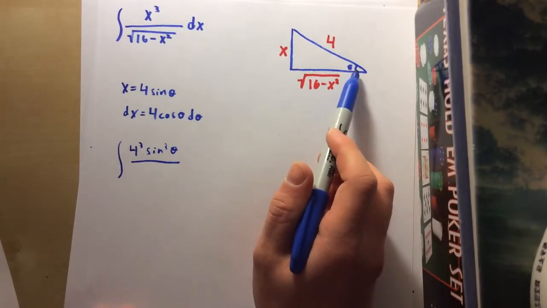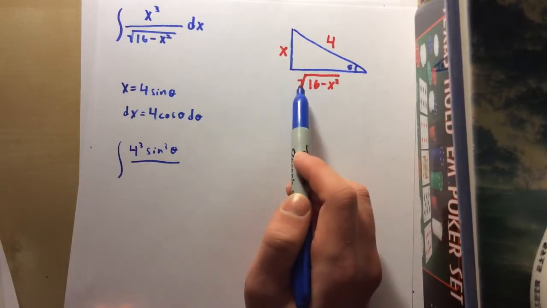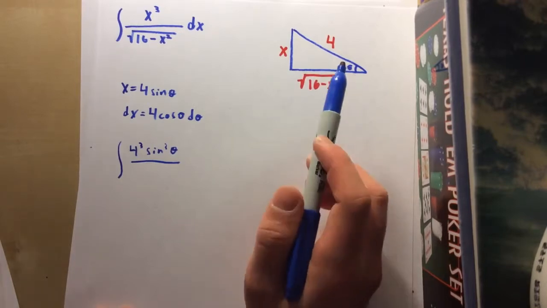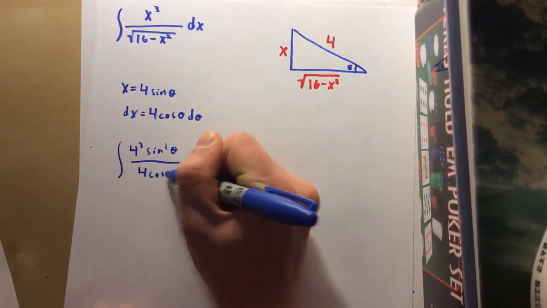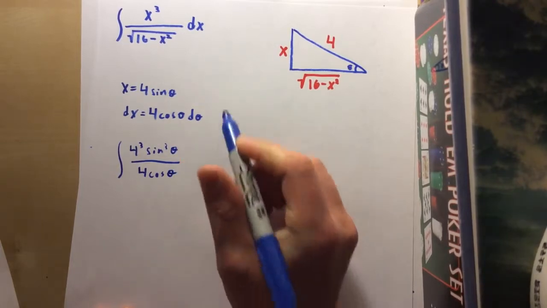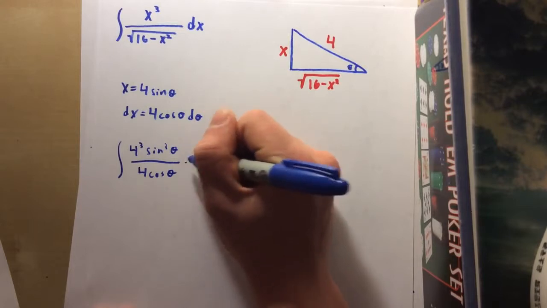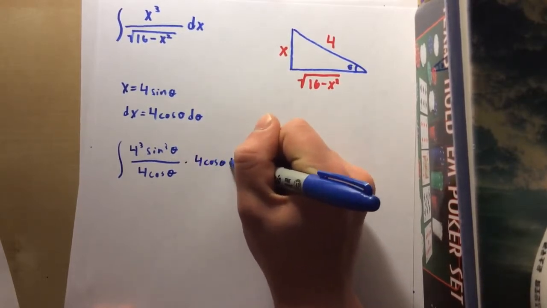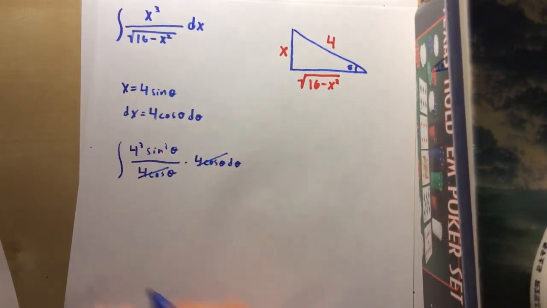Well, cosine of theta is equal to the square root of 16 minus x squared over 4, so the square root of 16 minus x squared is equal to 4 cosine theta. And never forget your dx, which is 4 cosine theta d theta. And once again, some nice canceling goes on.